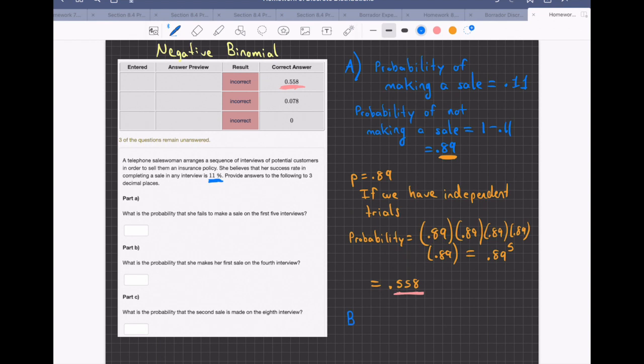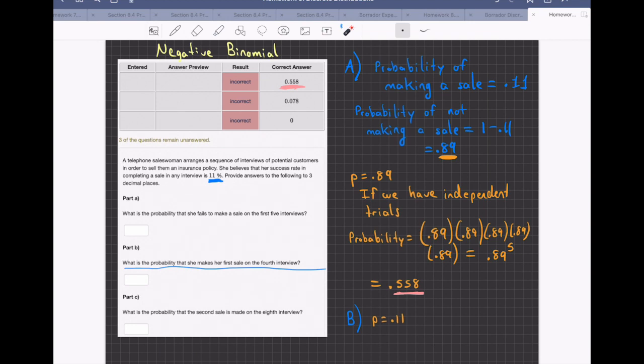But for part B, the question is, what is the probability that she makes her first sale on the 4th interview? Notice, first sale on the 4th interview. What do we have to do here? We need to identify the parameters. First sale, probability of sale is 0.11. What is the number of successes?